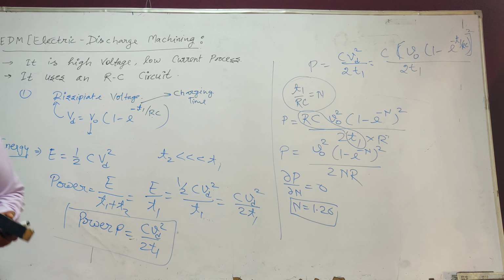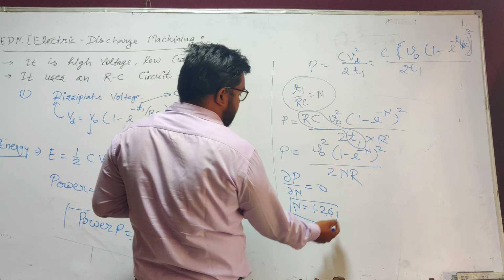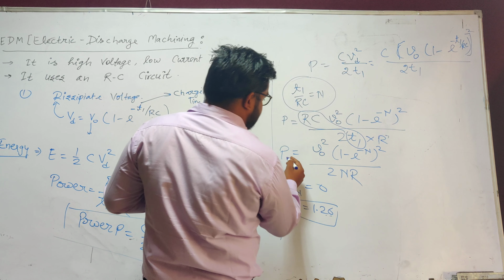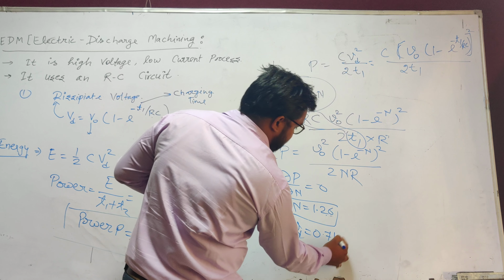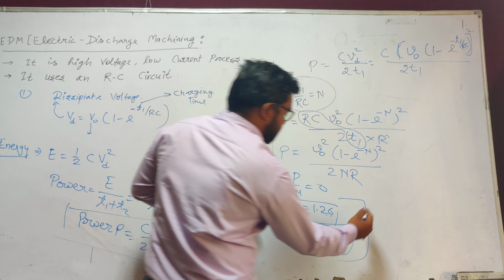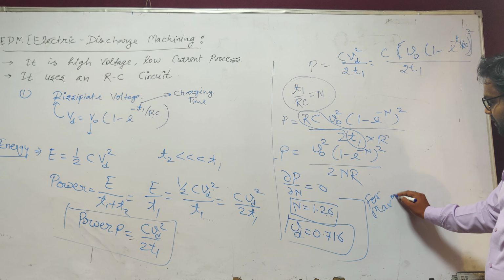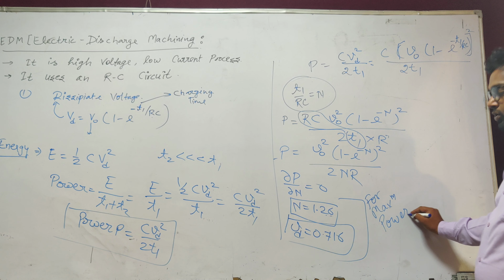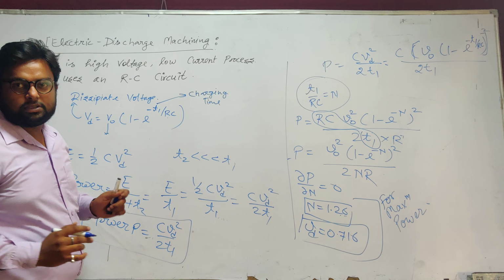And for this value of n, we can calculate the value of Vd, and by putting this value in this formula, we get Vd equal to 0.716. This is the value for maximum power. So today we discussed the EDM process.